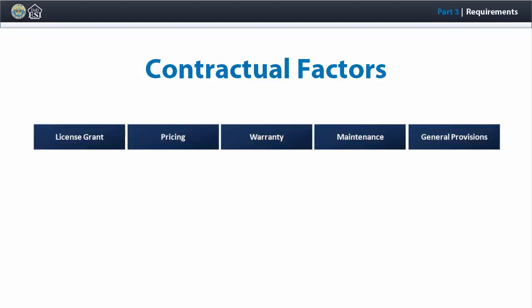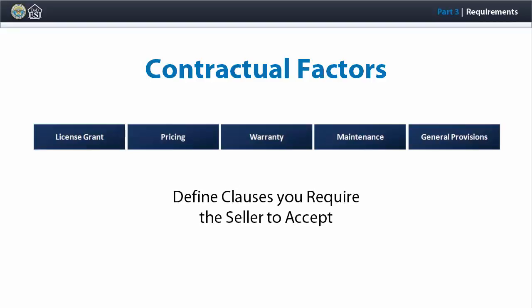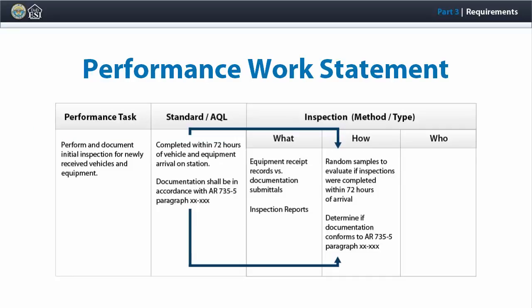Your requirements document should identify the contractual clauses, terms, and conditions that you expect the seller to accept. This will provide you the baseline for identifying, evaluating, and possibly quantifying any exceptions to clauses the seller notes in their proposal.